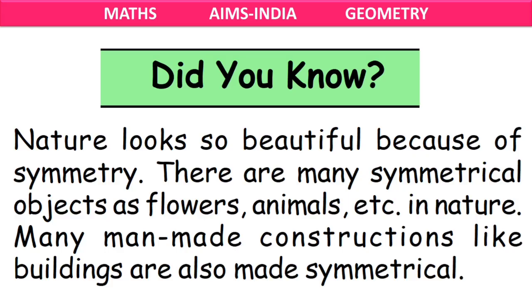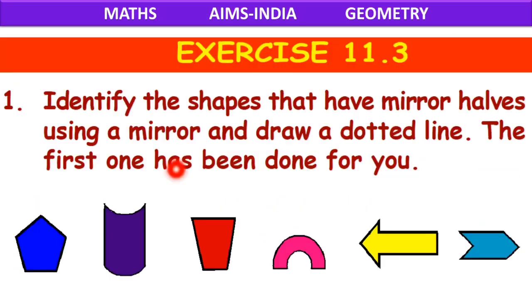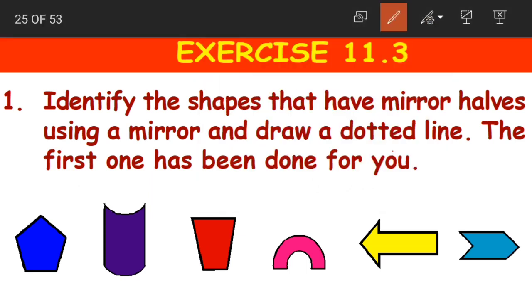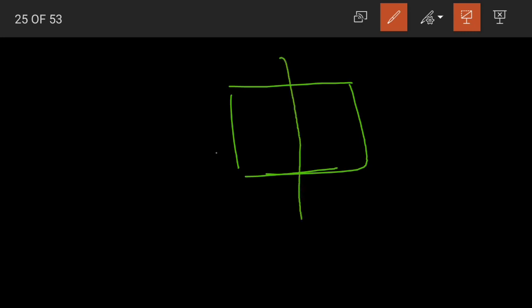Wait a minute, children. Now identify the shapes that have mirror halves using a mirror and draw a dotted line. Using a mirror means, suppose if you have a small mirror at your home, you can draw an object like this, suppose a square, and place the mirror here in the middle.